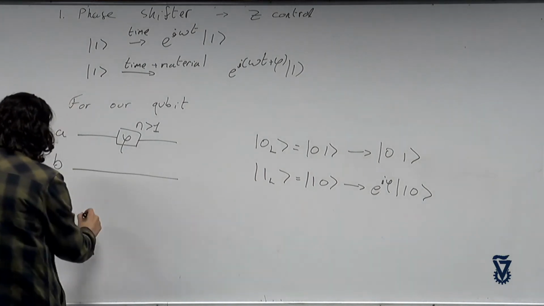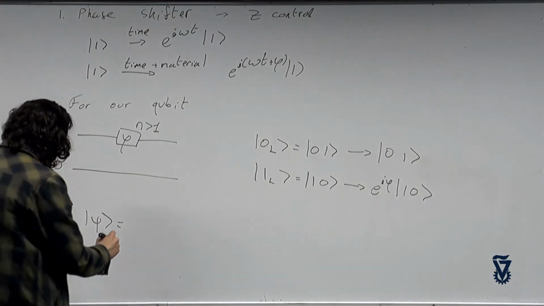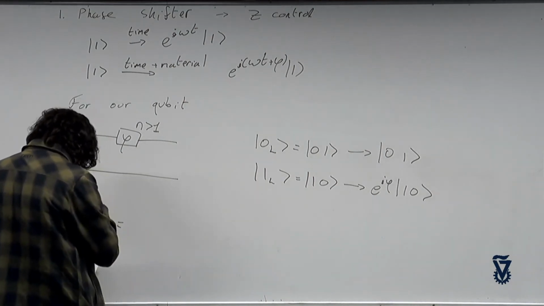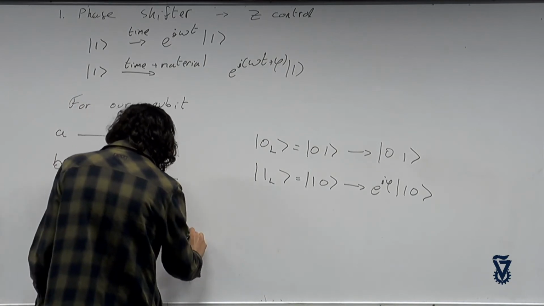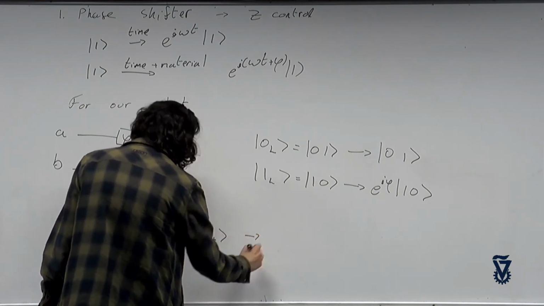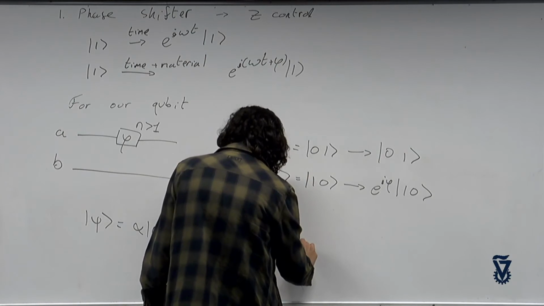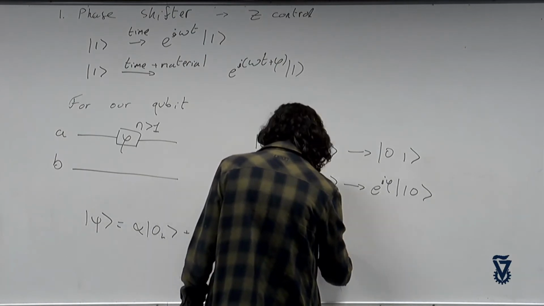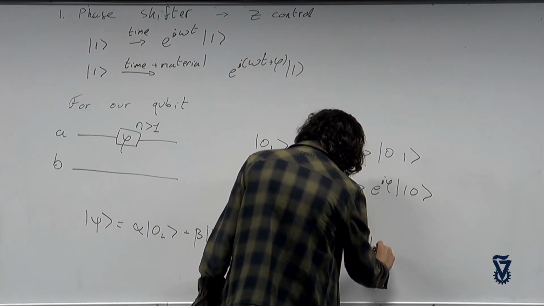If you want, you can write this explicitly as some alpha 0 logical plus beta 1 logical, and this will map to alpha 0 logical plus beta e to the i phi 1 logical.